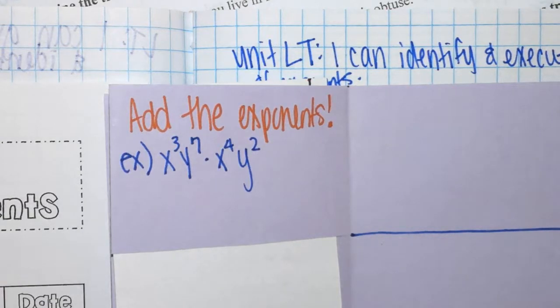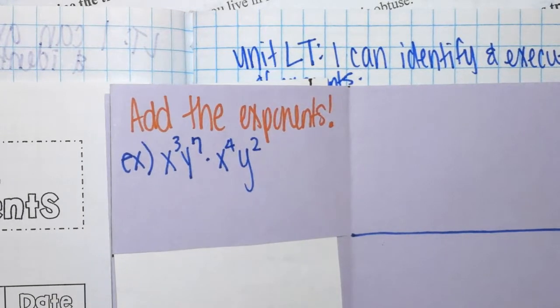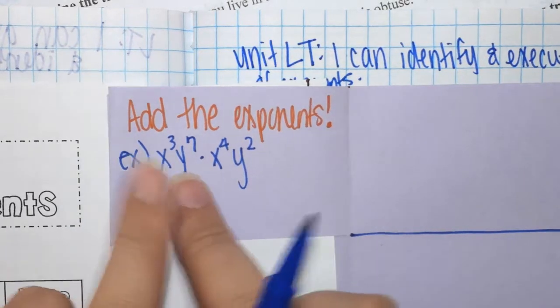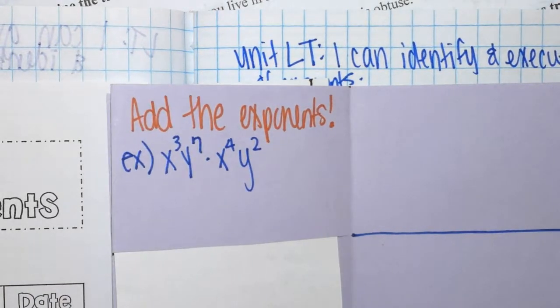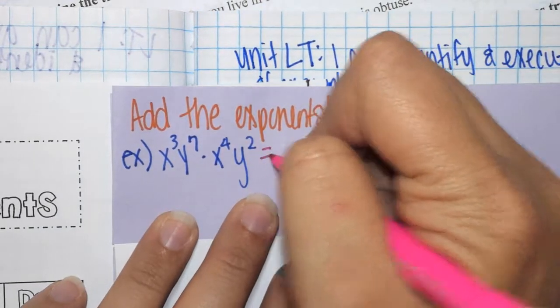Now, if it's a 3, we say cubed. If it's 2, we say squared. If it's anything other than that, we say to the whatever power. Now, are x and y like bases? No, they are not. So you cannot combine those exponents. But are x and x like bases? Are y and y like bases? So you can then combine those exponents by doing what mathematical operation?